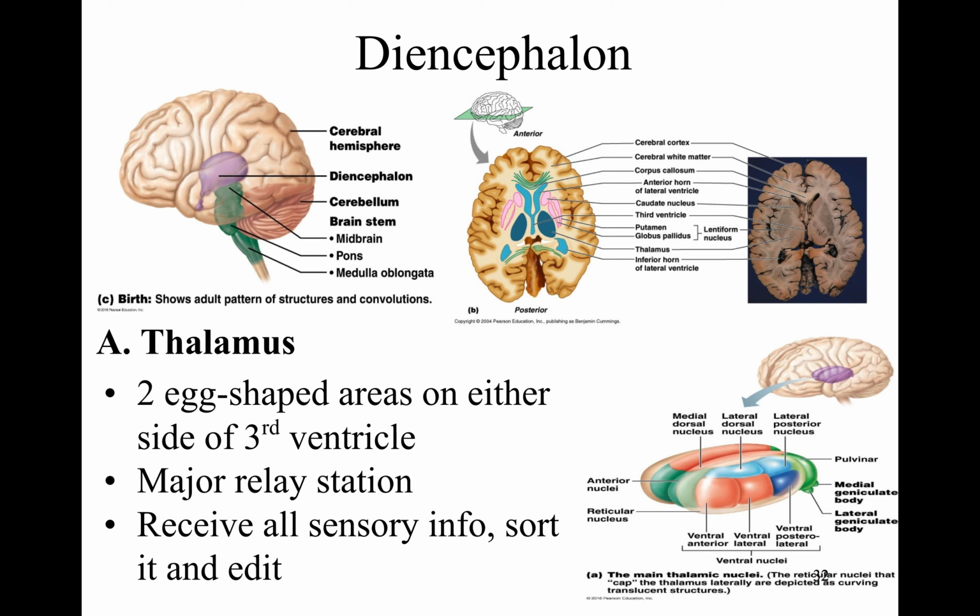The neurons in the thalamus are then going to relay that information to the appropriate areas of the cerebral cortex. So the thalamus is the major relay station. It's relaying information coming into the cerebral cortex. So it receives sensory information, it's going to sort and edit it, and then it's going to send all that sensory information to the appropriate areas of the cerebral cortex.